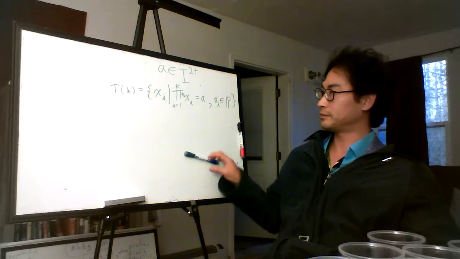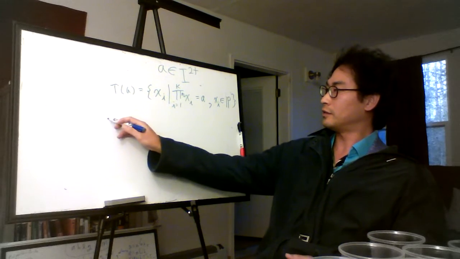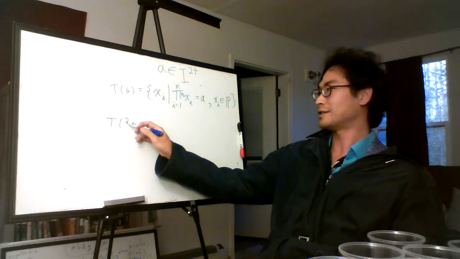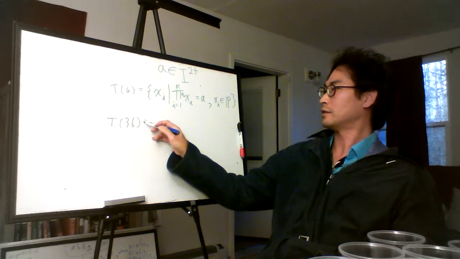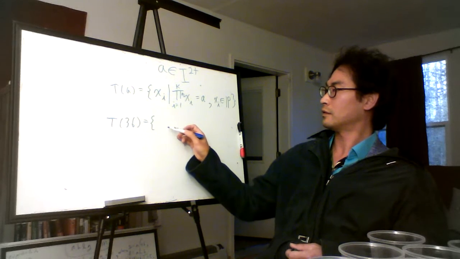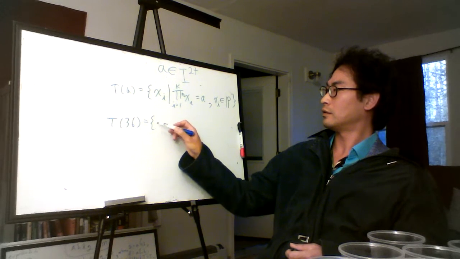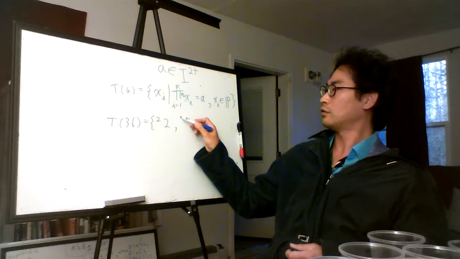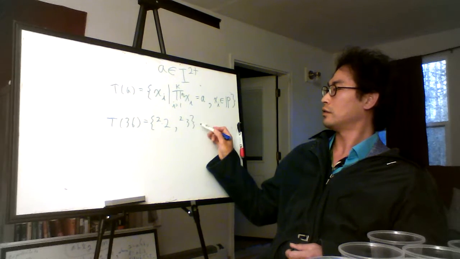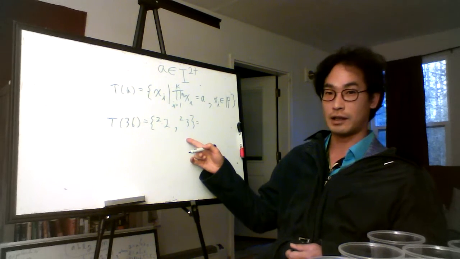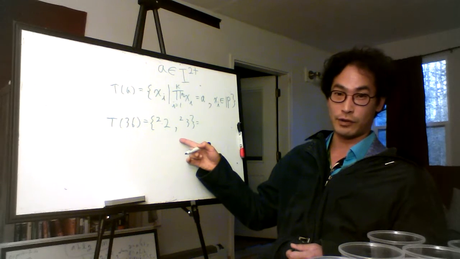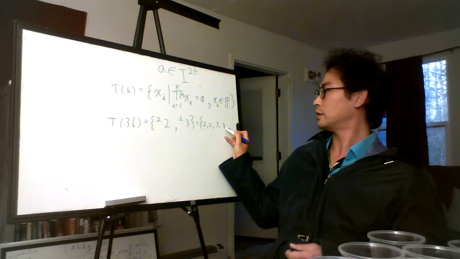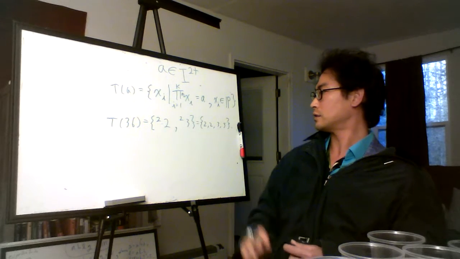For example, t of, how about 36? Four times nine, right? So 2 2, comma 3 2, which is shorthand, a notational convention for us. It's shorthand for 2 comma 2 comma 3 comma 3. 4 times 9 is 36.